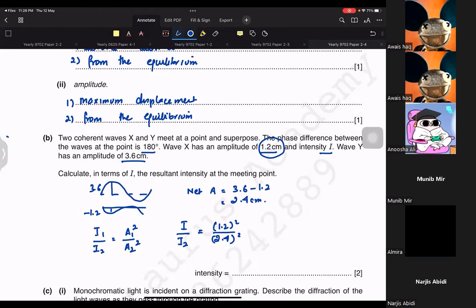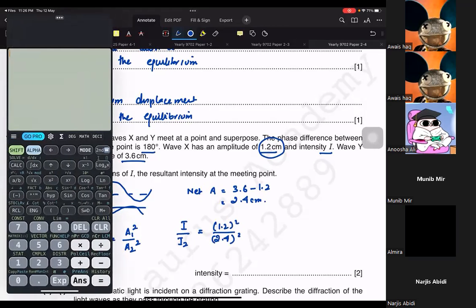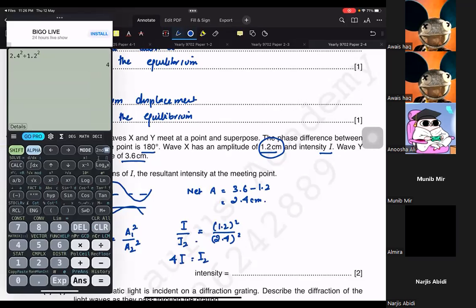Now, let's do this. So 2.4 whole squared divided by 1.2 whole squared. So this will be 4 times I equals I2. I switched the places, by the way. If you're confused why I just took 2.4 on top, it's because I want to make I2 the subject. So it should be 4. And now don't just write 4, write 4.0 I, like that.